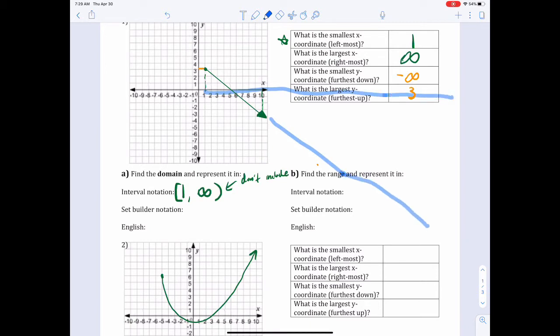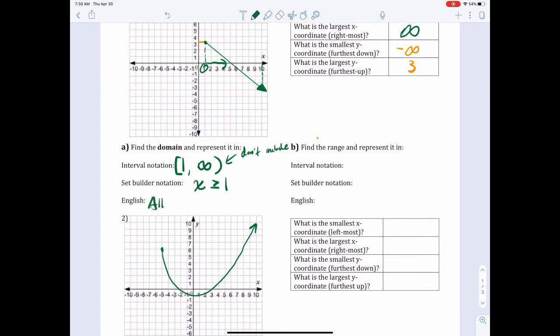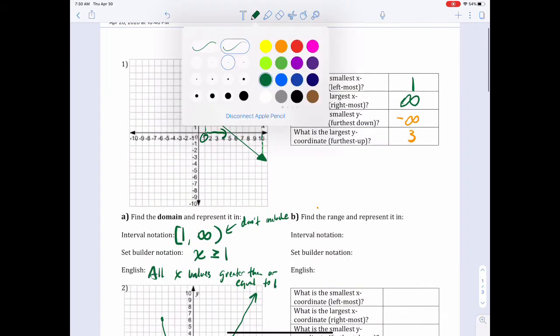So we can say that all of our x values are greater than or equal to 1. Because really, if you start at 1, right here, all of our points are to the right of that. So in English, it'll be all x values greater than or equal to 1.